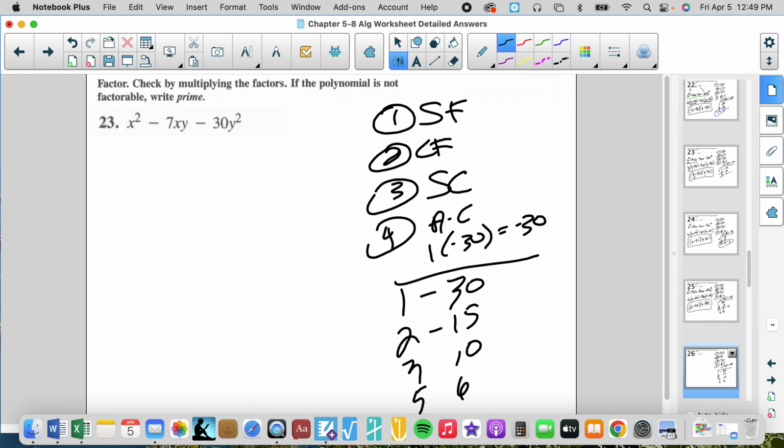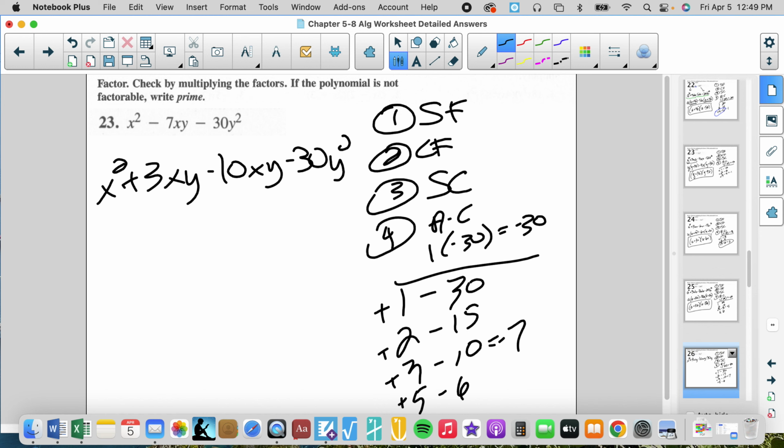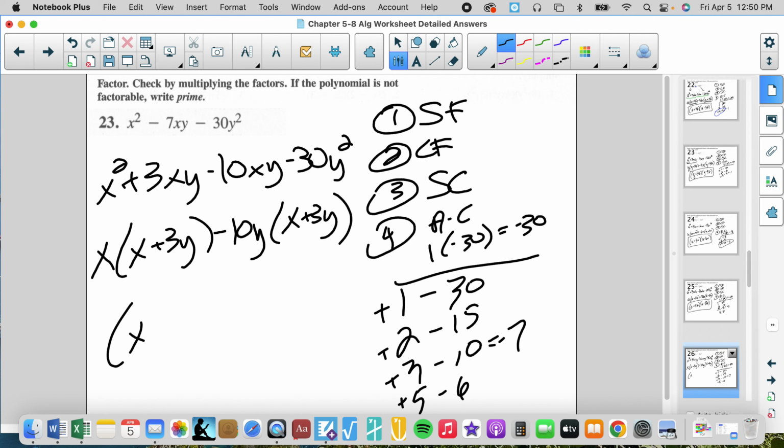Bigger is negative. Here's my negative 7, x squared plus 3xy minus 10xy minus 30y squared. Factor out an x, you get x plus 3y. Factor out a negative 10y, you get x plus 3y. x plus 3y times x minus 10y.